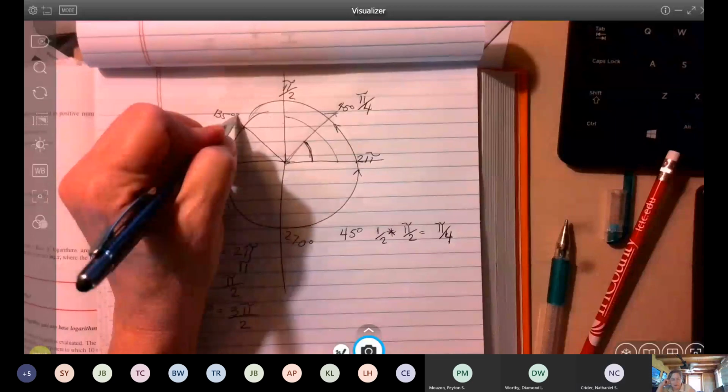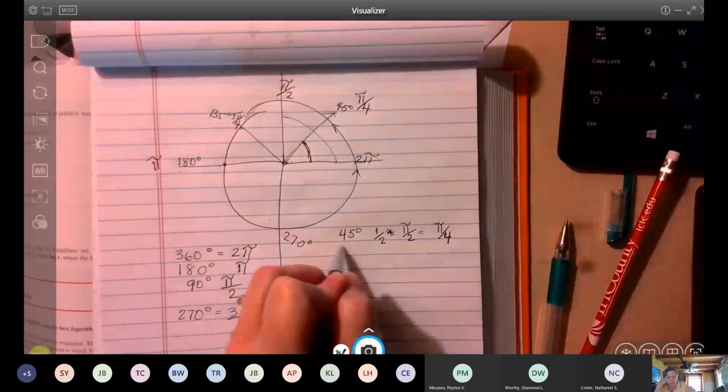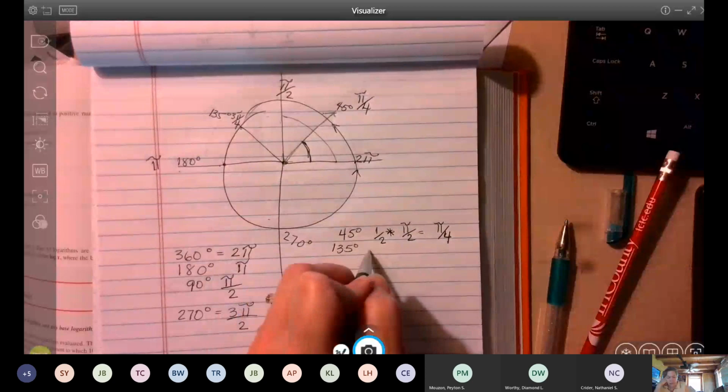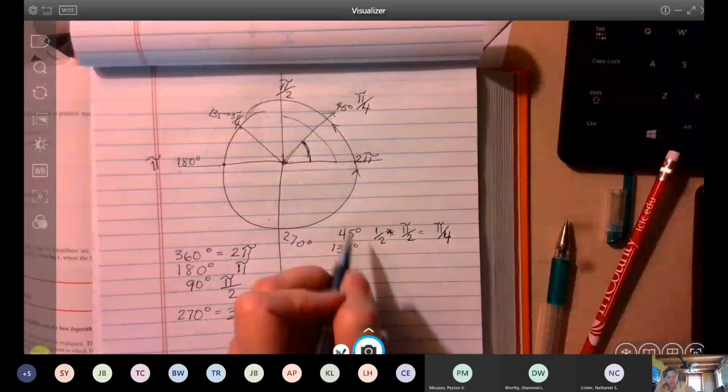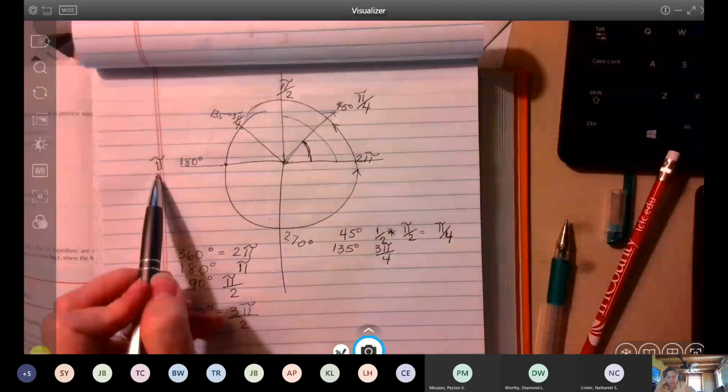Then this is going to be 4 pi over 4, which ends up going back to pi. So those of you who don't know how to do this, I'm trying to teach you a way to learn it. So this is going to be 3 pi over 4, 135. 180 stays at pi. So then what's going to be this degree?